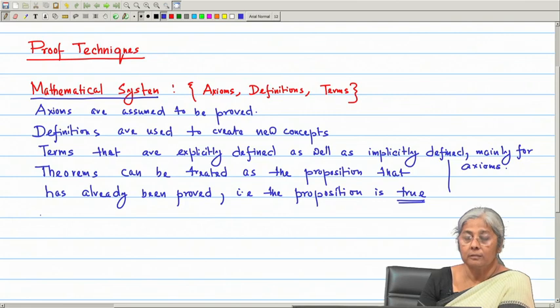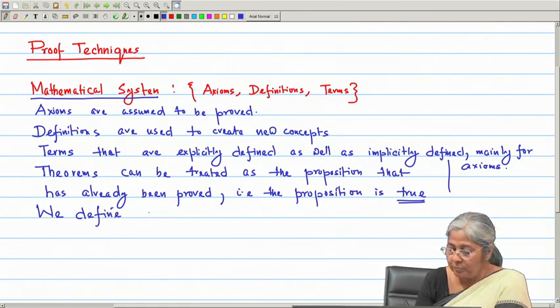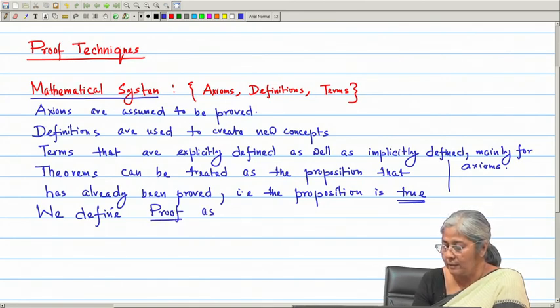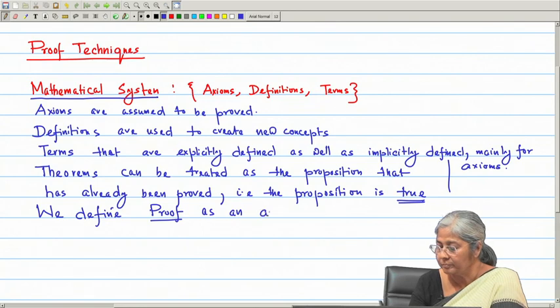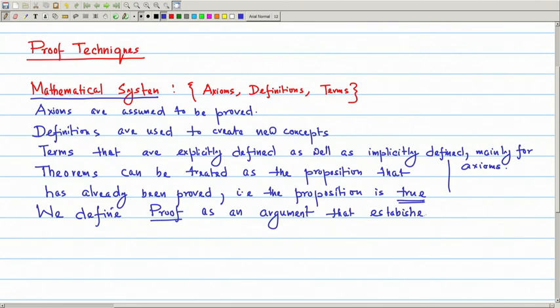So, we define proof as an argument that establishes the truth value of the proposition.